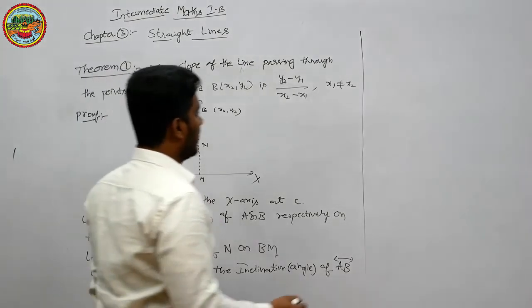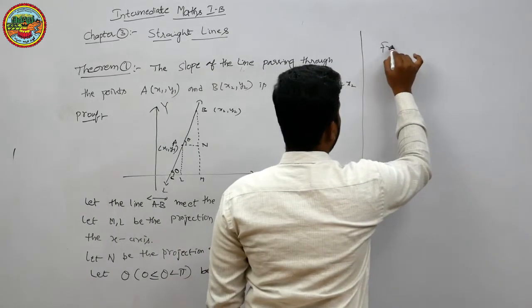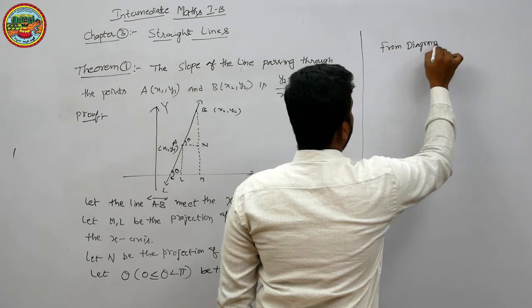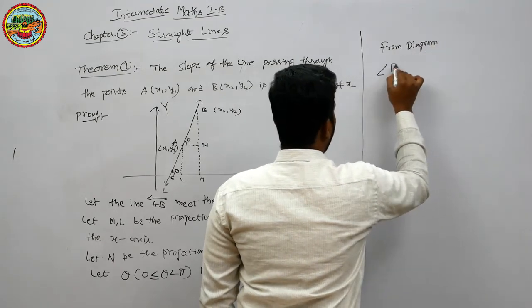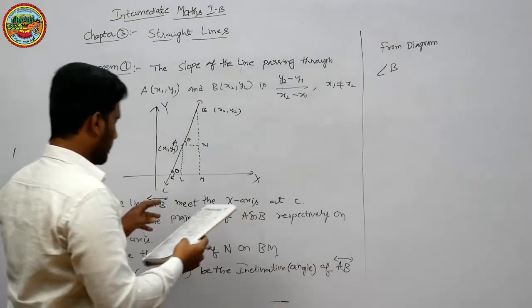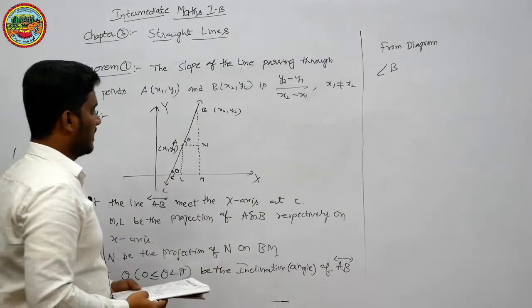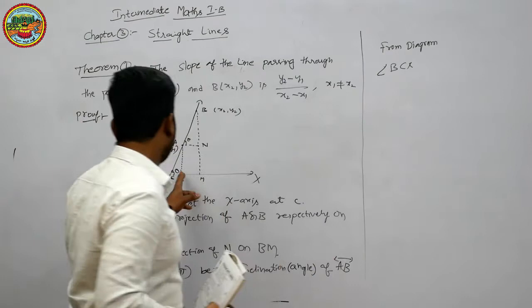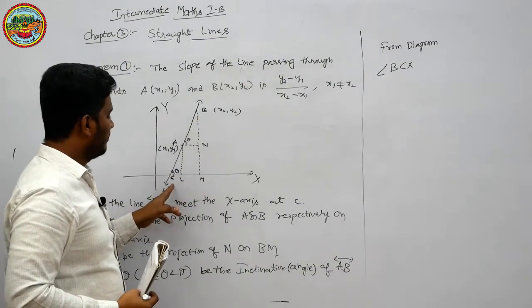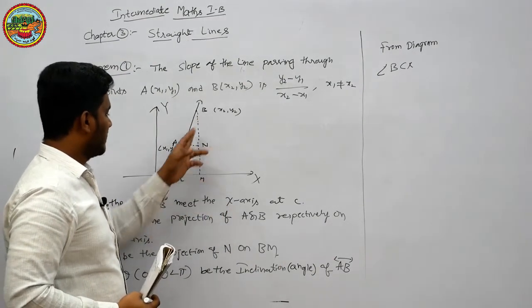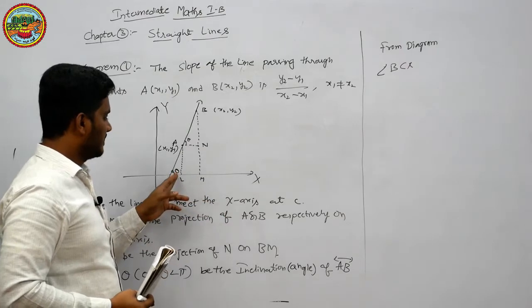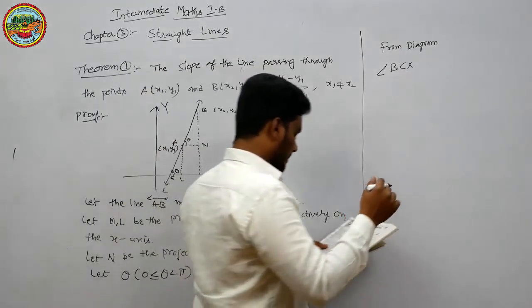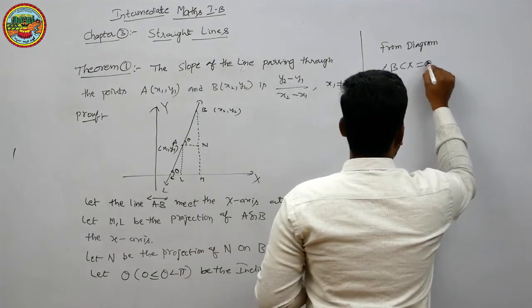Next, theta is the angle of inclination of the line AB. From the diagram, angle BCX is the angle that the line AB makes with the x-axis. Take it as theta, so angle BCX is equal to theta.